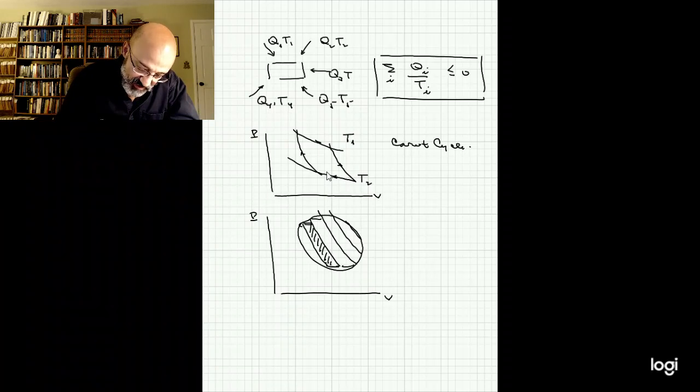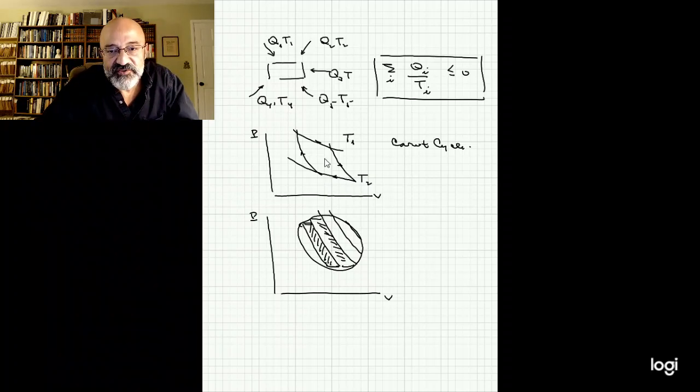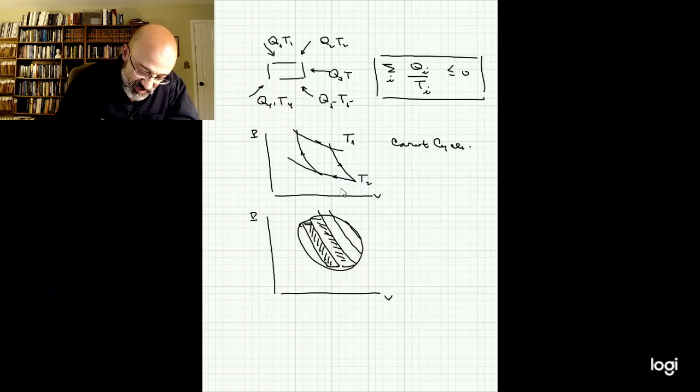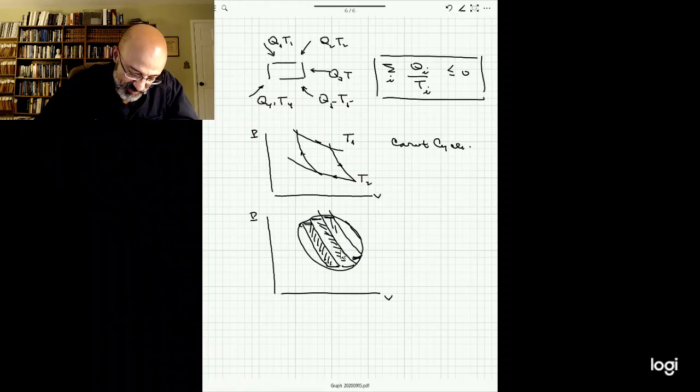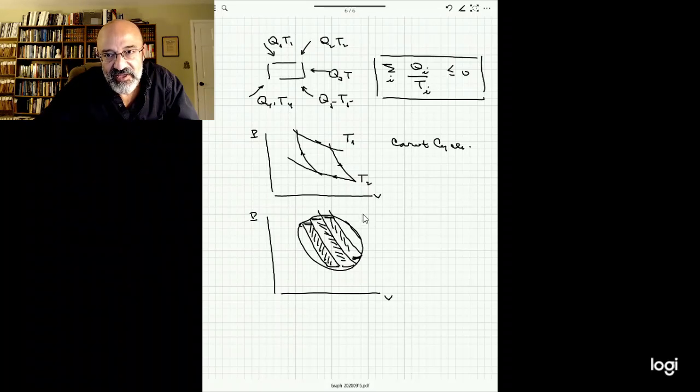This guy there corresponds to another one of those. This guy here, and these little choppy things up here, those are the isotherms, right? And so any arbitrary cycle can sort of be expressed as many Carnot cycles of this type.